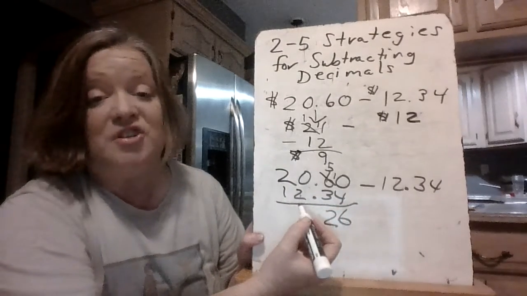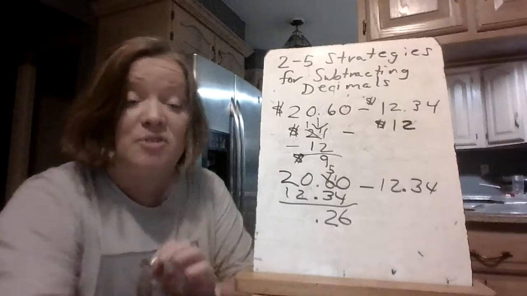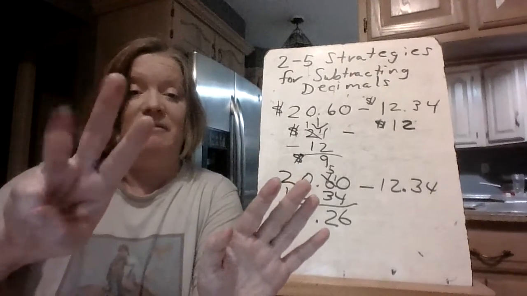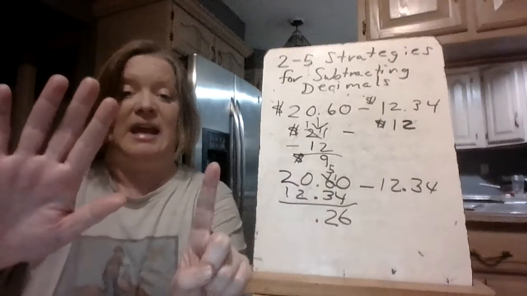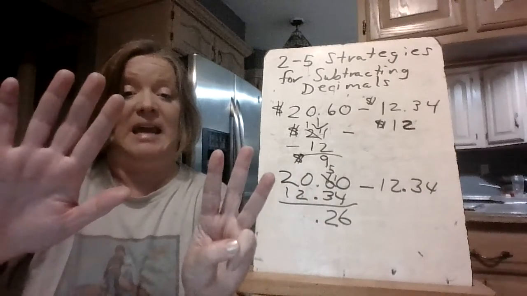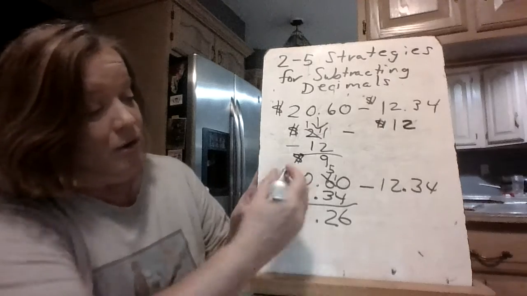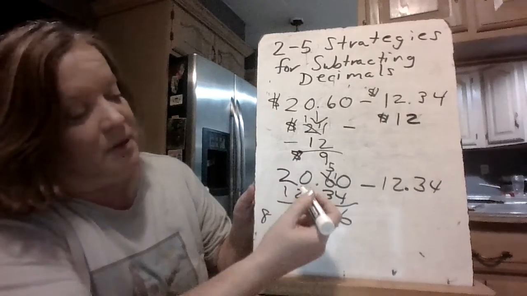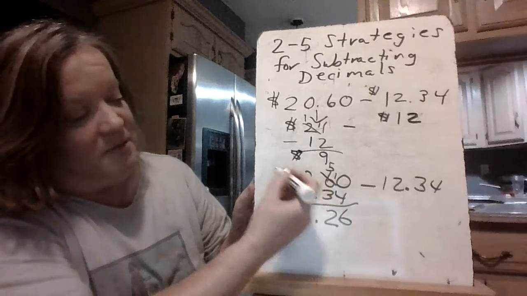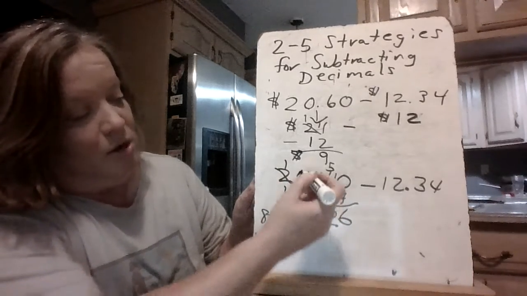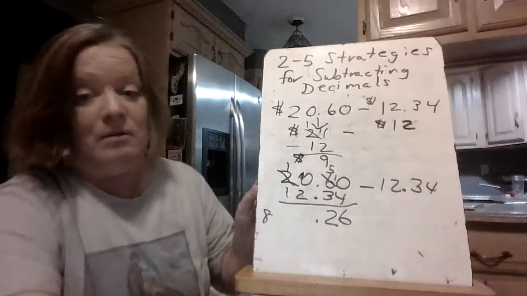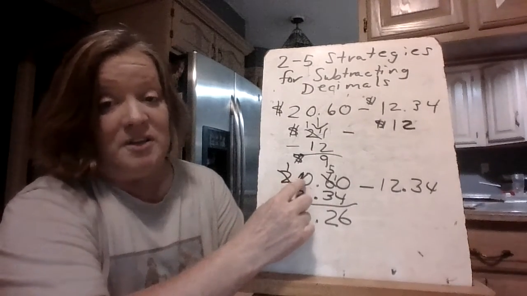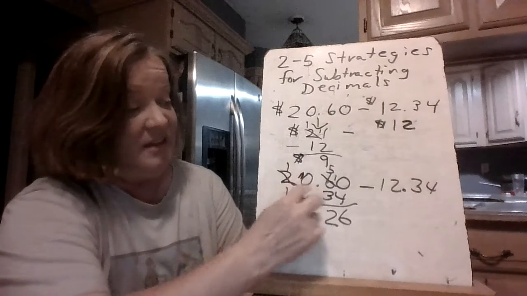And again, you could do this 2 ways. You could take 12 and count up to 20. So 12, 13, 14, 15, 16, 17, 18, 19, 20, and that gets me 8. Or I can't take 2 from 0, so I'm going to keep 8 over on the side, but just to prove it, can't take 2 from 0, 2 becomes 1, this is 10. 2 from 10, again, I lent them 10.